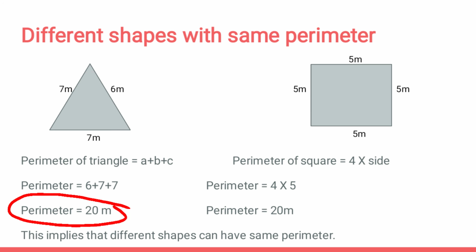And if I calculate the perimeter of the square by the formula 4 multiplied by side and putting the value of side as 5 meters, I get the perimeter of the square also 20 meters. So we are able to see that the perimeter is the same but the shapes are different.